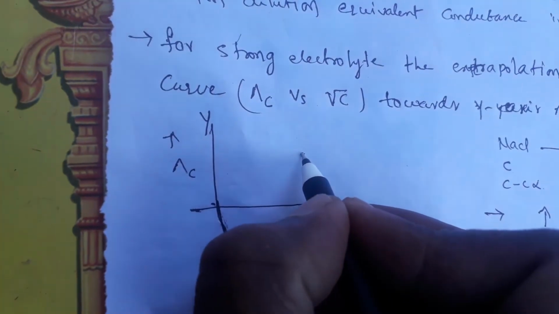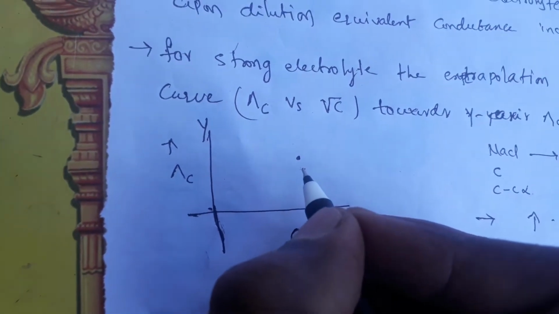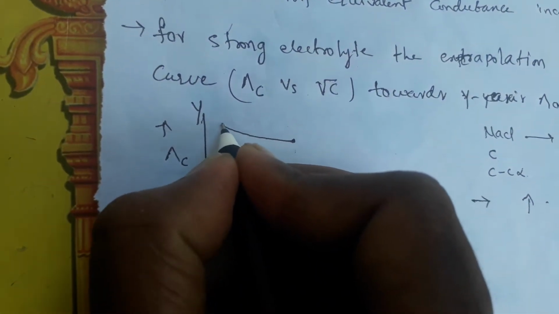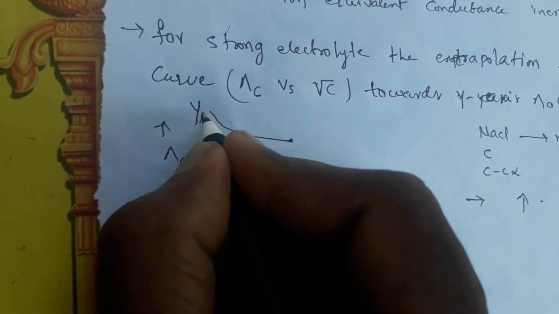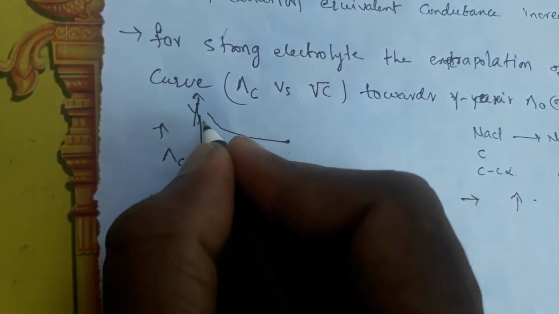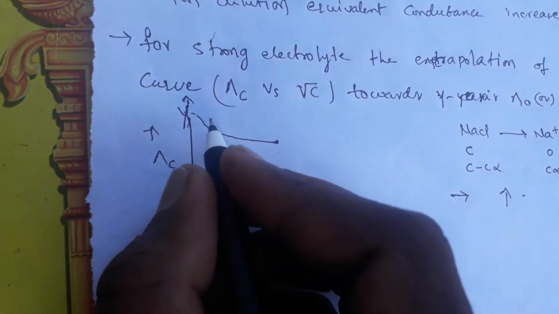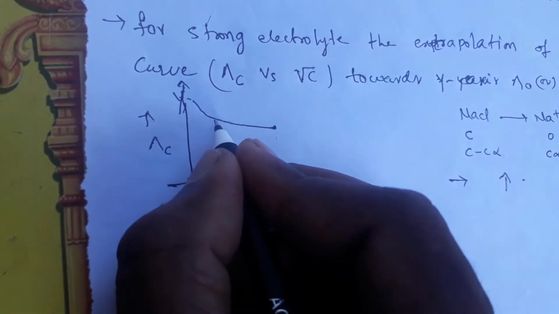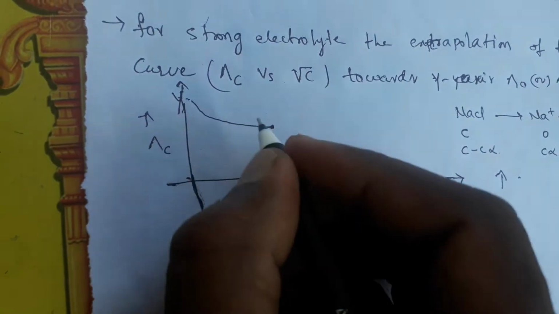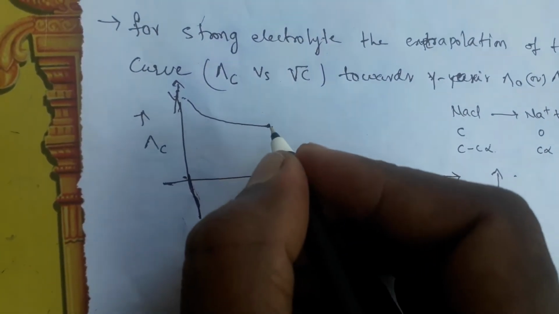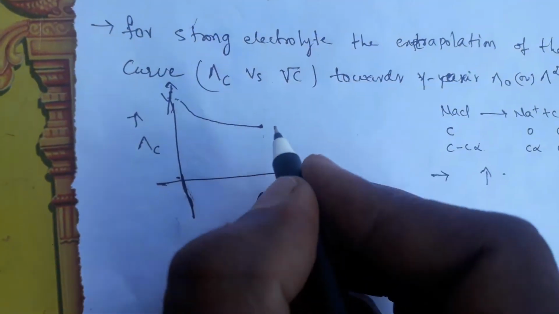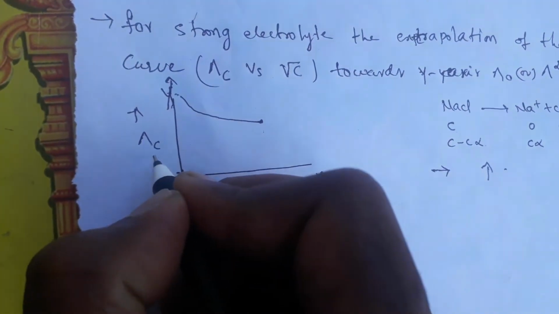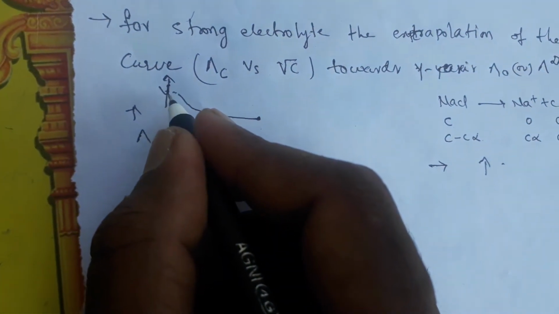This is the point for the strong electrolyte. Upon decreasing the concentration, this value will increase. How are you decreasing the concentration? By adding more solvent. So when you decrease the concentration, the equivalent conductance increases.